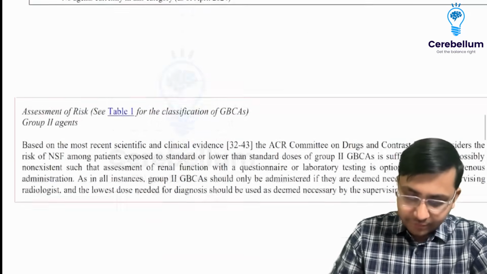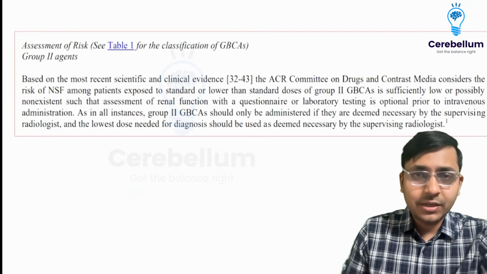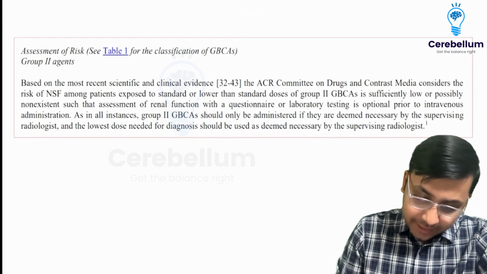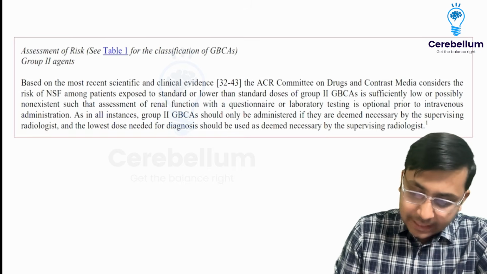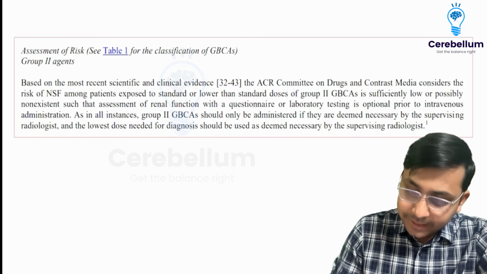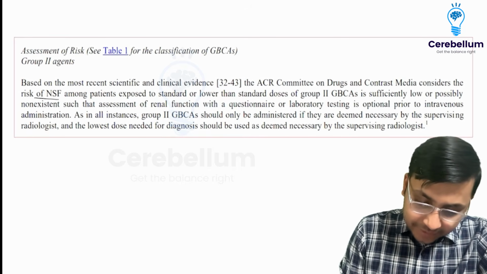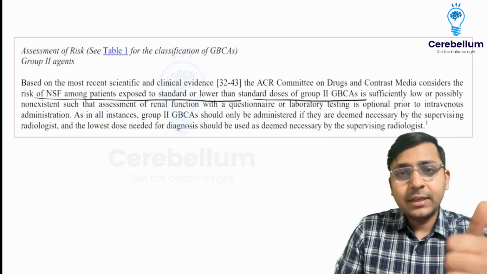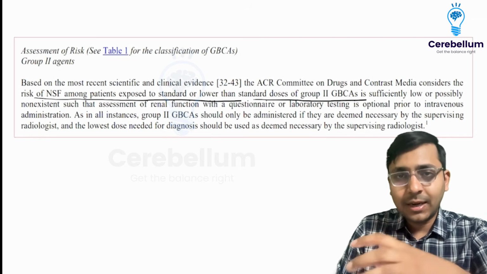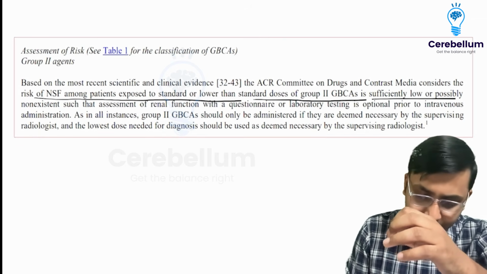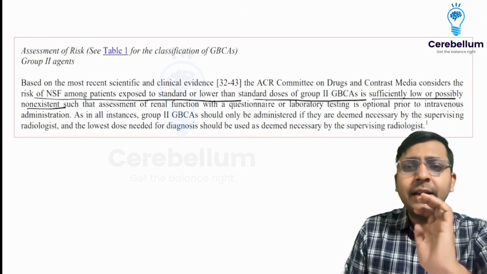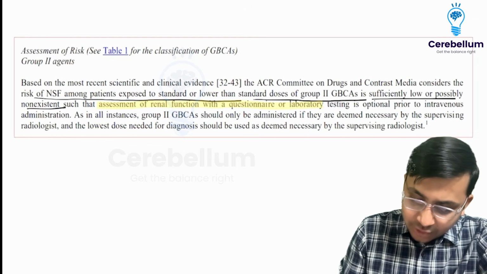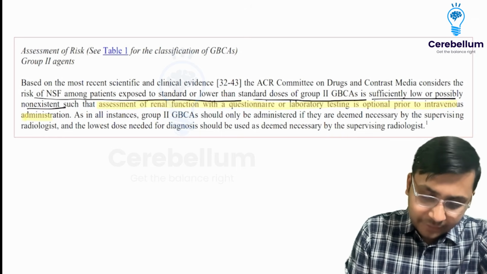As we see from the ACR guidelines, when you are giving class 2 agents, based on the most recent scientific and clinical evidence, the ACR Committee on Drugs and Contrast Media considers the risk of NSF among patients exposed to a standard or lower than standard dose of group 2 GBCAs, gadolinium-based contrast agents, sufficiently low or possibly non-existent. So the risk of NSF is very low, such that assessment of renal function with a questionnaire or lab test is optional prior to intravenous administration.